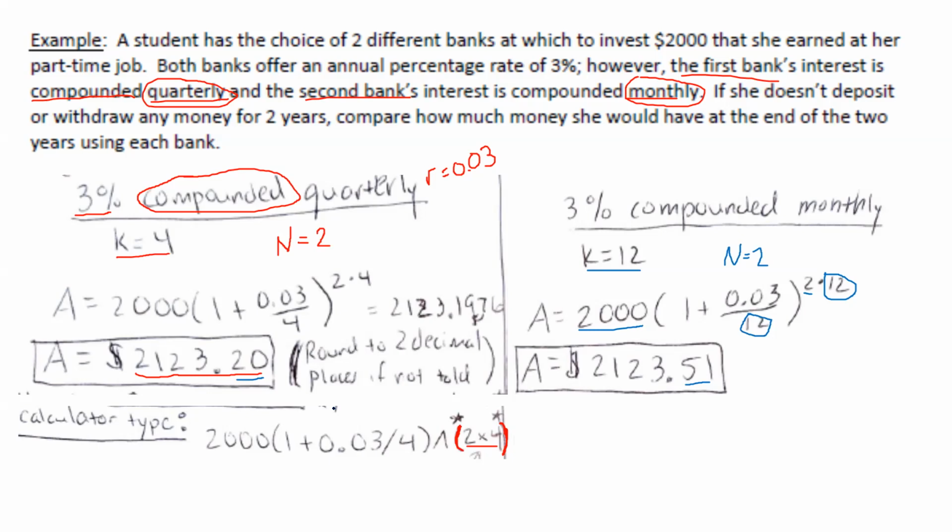So if this student were walking into either of these banks, and let's suppose she walked into our quarterly bank first, there are some folks who would stop her on her way into the bank, frantically waving their arms, screaming, no, no, no, go to the other bank, you're going to make more money there.